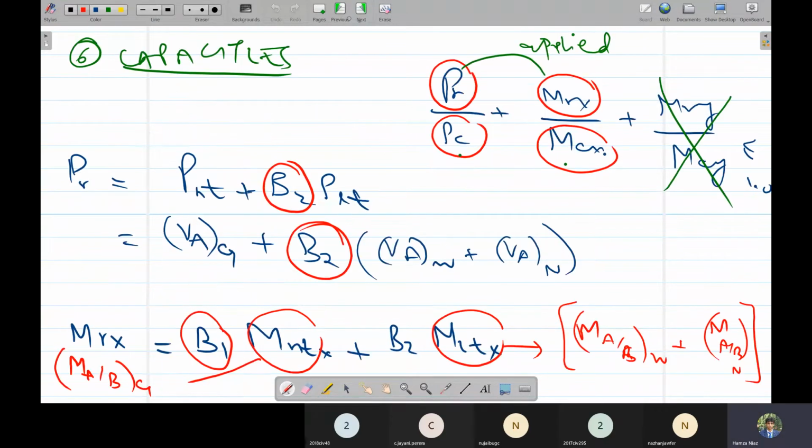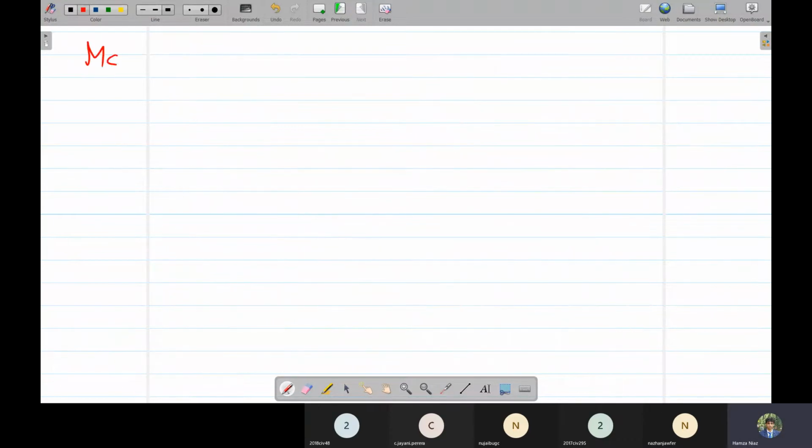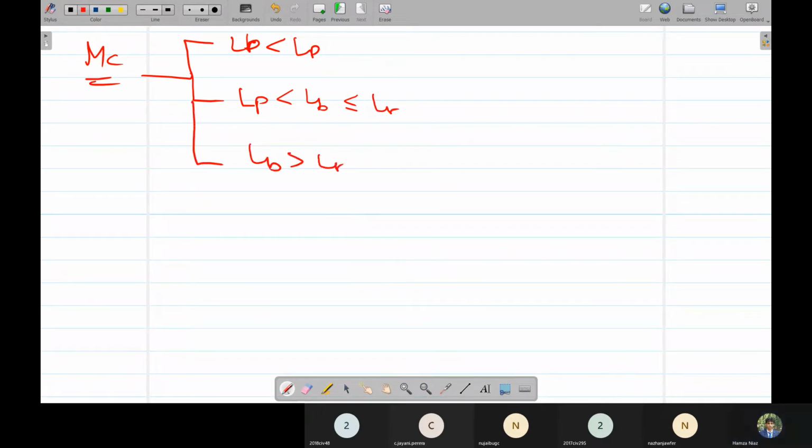Okay, the last one is MC, the moment capacity. For moment capacity, we have three cases: if our unbraced length LB is less than LP; if LB is greater than LP but less than or equal to LR; and a third case where LB is greater than LR. What are LP, LB, and LR?